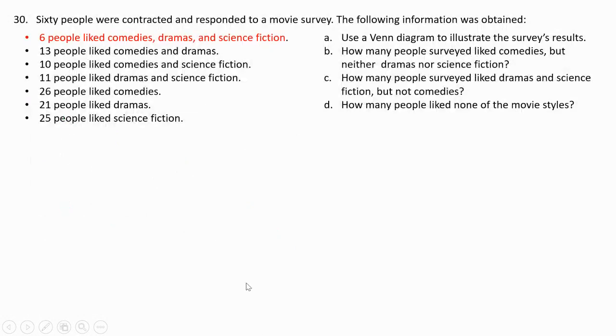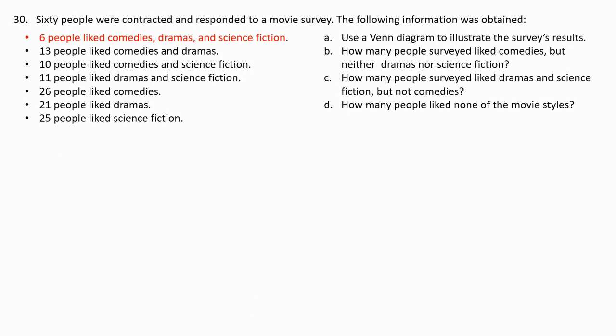Okay, now I believe this is the last problem for this section, and then we'll move on to probabilities. So this is number 30 from this section from the book. It says 60 people were contacted and responded to a movie survey.